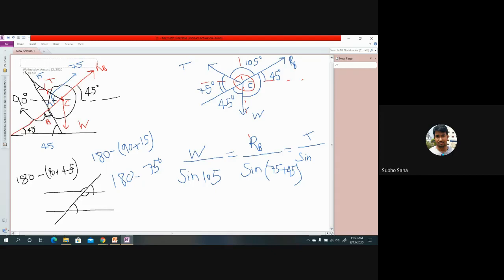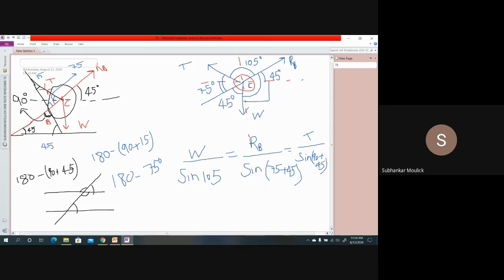Now this angle is 135 degrees. Let us see: this angle is 45 degrees, this angle is 45, and this angle is 90, so it will be 90 plus 45. Is there any doubt in this?